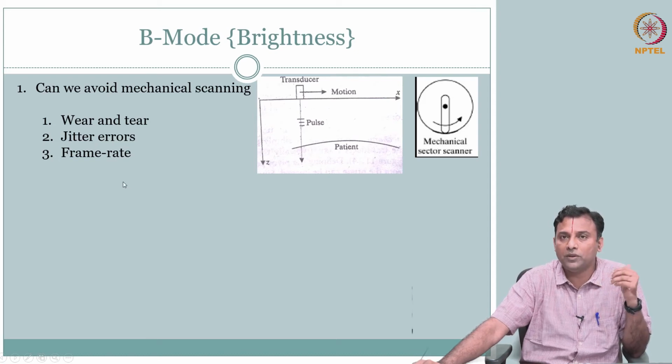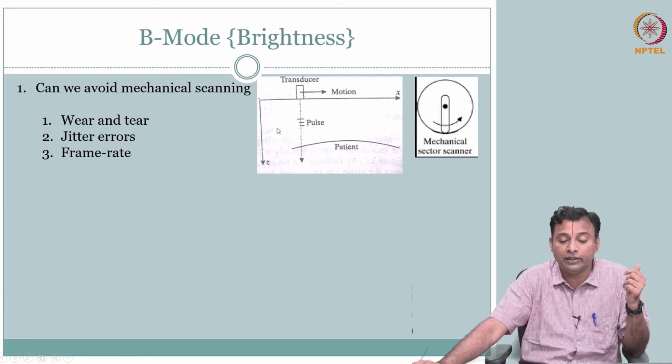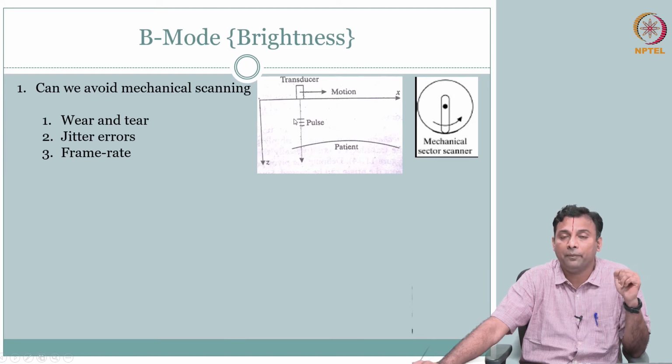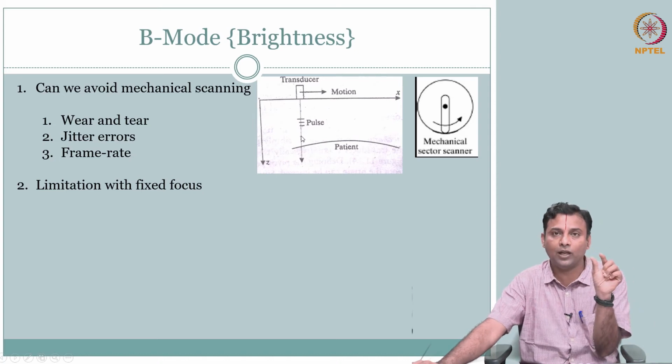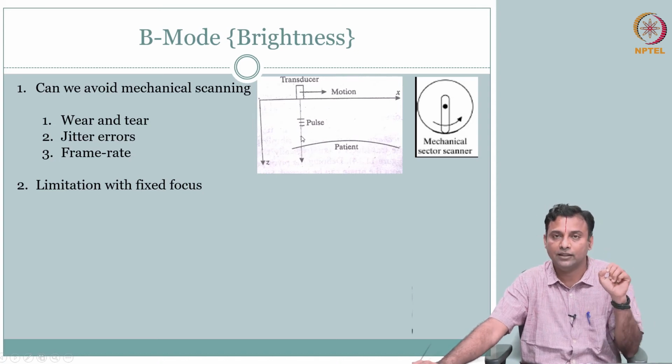Okay, so that is to do with just the mechanical design aspect or articulation. Is there anything to do with the image quality that we are limited by operating it this way? Well, we talked about focusing. What is the problem? Focusing was good. We could get our lateral width as small as possible at the focus.